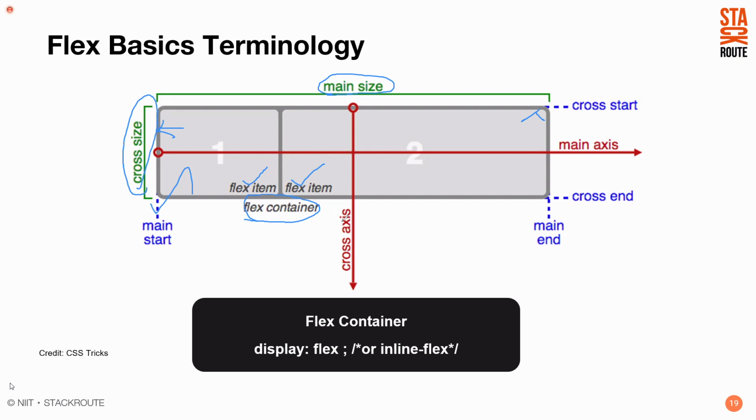Flex direction establishes the main axis. It defines the direction in which the flex items are placed inside my container. If you noticed in this diagram, by default it takes row order.